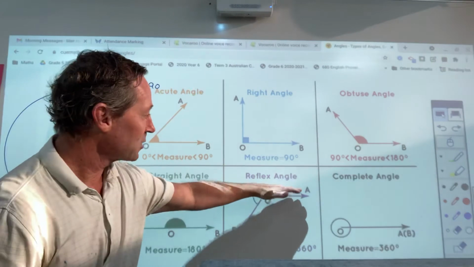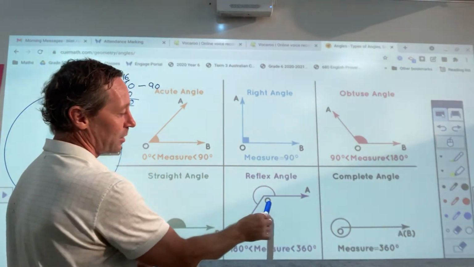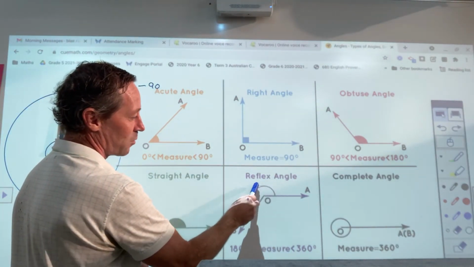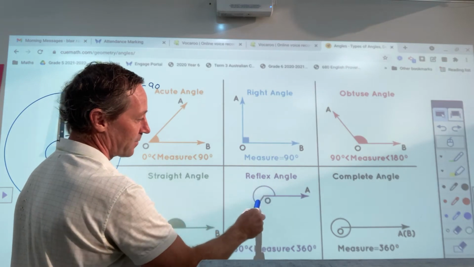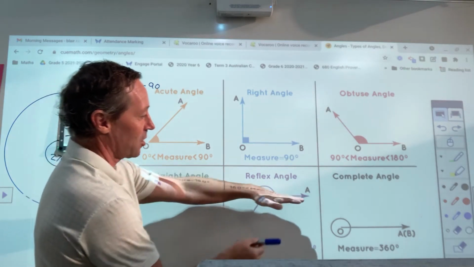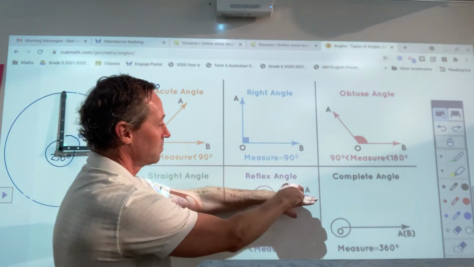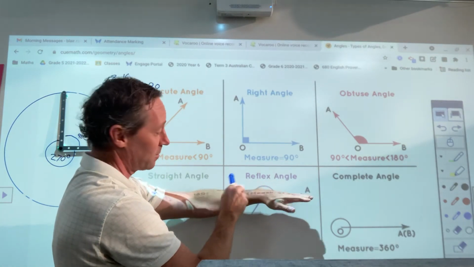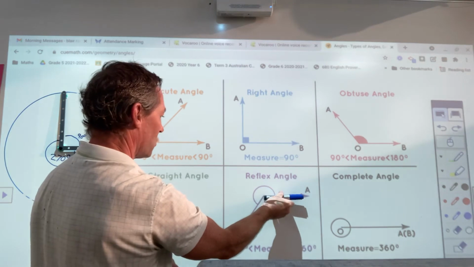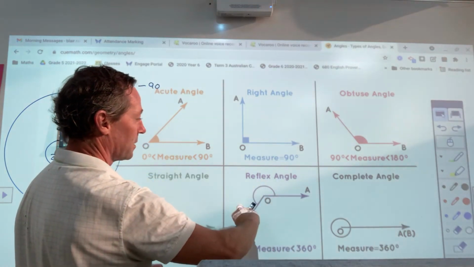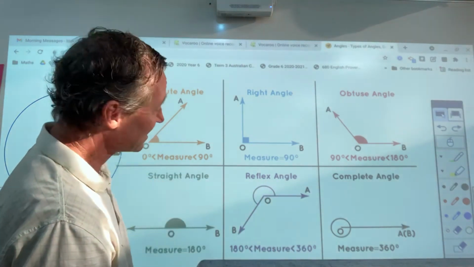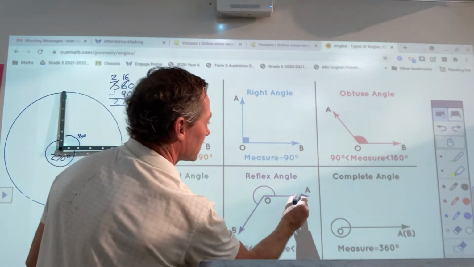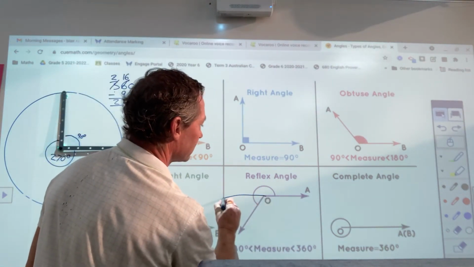So when you get to these ones here, they don't want you to measure this one, they want you to measure this area here. And if we know a straight angle is 180 degrees, it's greater than 180 degrees because it's gone from here all the way around to here. So if I was to estimate, this is a straight line going along here.